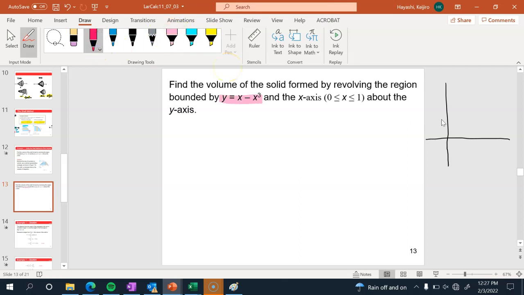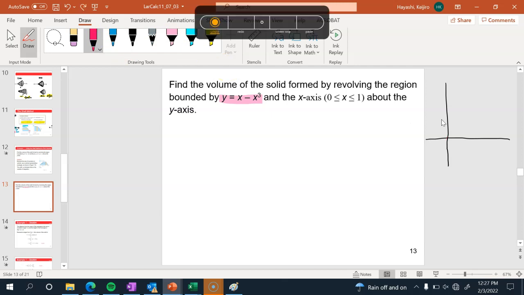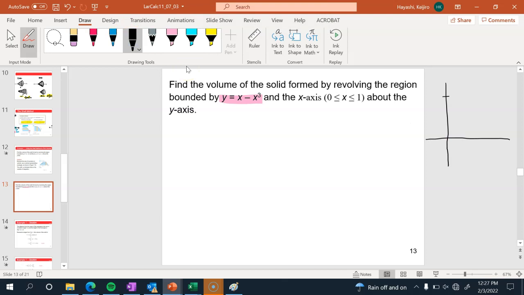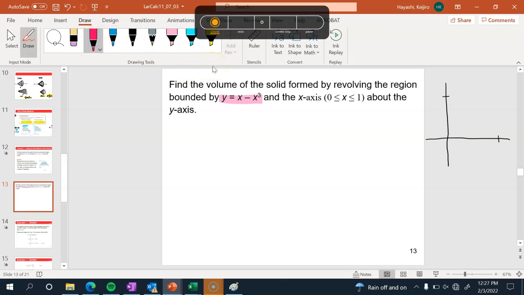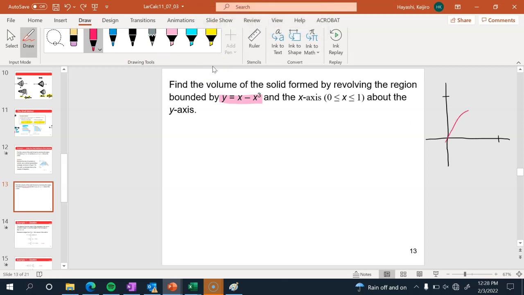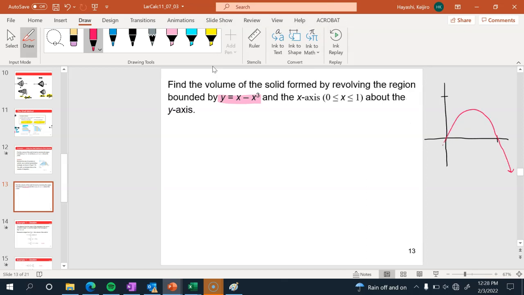Okay, so the curve is, it's a cubic function that's sort of just upside down.